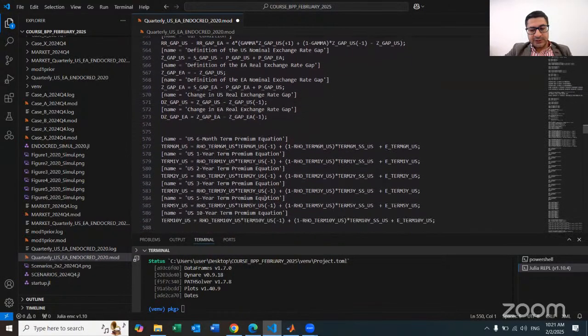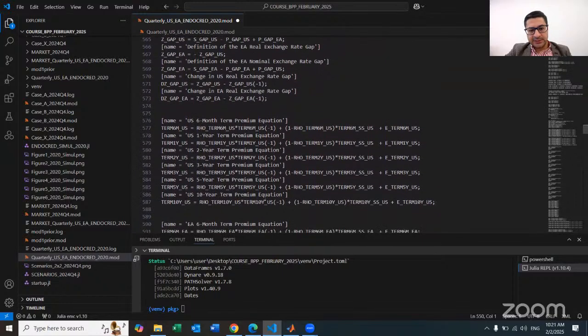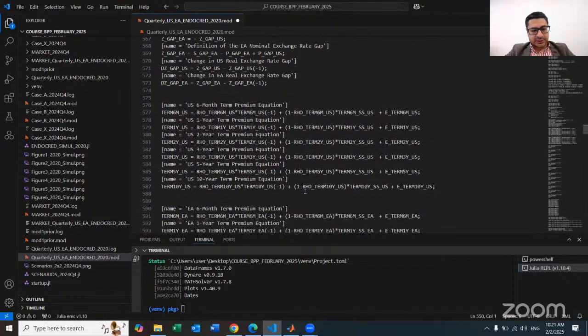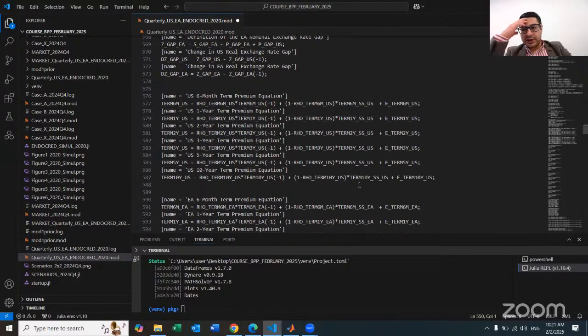Then we are using the information from the yield curve to enrich our analysis, and here particularly in this specification of the model we have 6-month term premia, 1 year up to 10 years. When we are looking at the US, and as you can see, these equations are just simple processes.